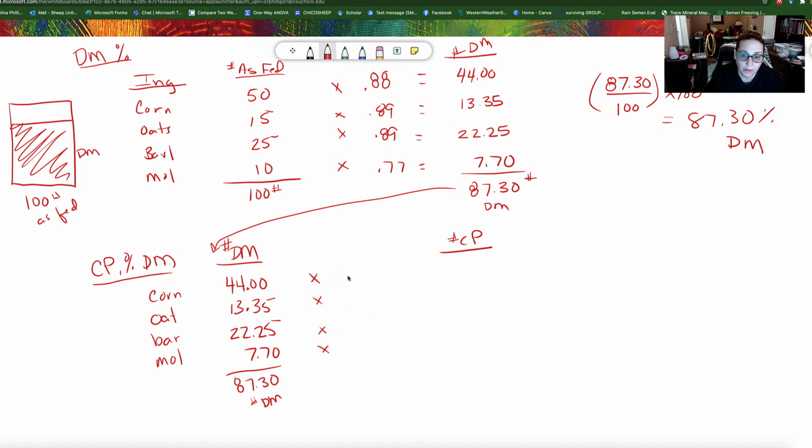So corn is 10% protein, oats is 13, 12% for the barley, and 9%. And you have to remember, you have to move the decimal twice. So you have to put a leading zero in front of that 9. And that's going to tell us how many pounds of protein is coming from each ingredient. So I'm going to run this through the calculator and put in those values.